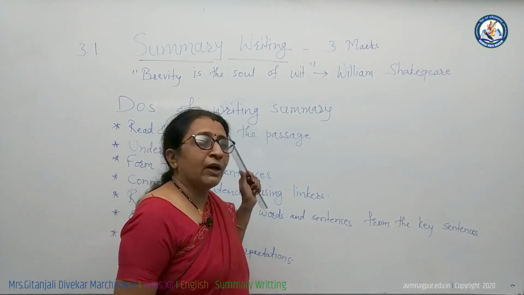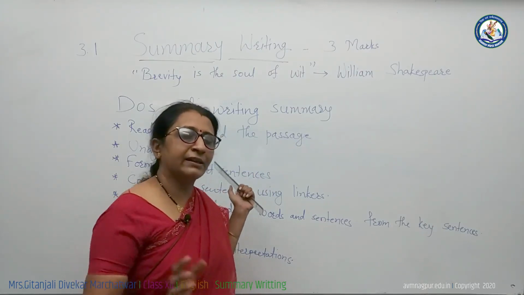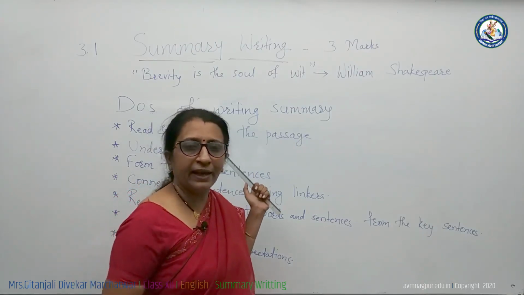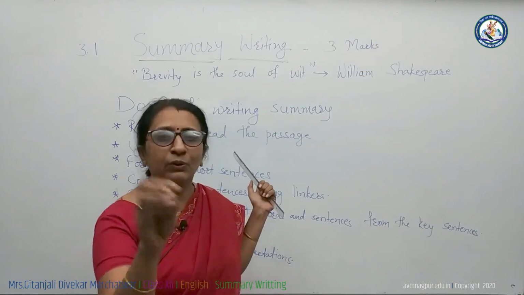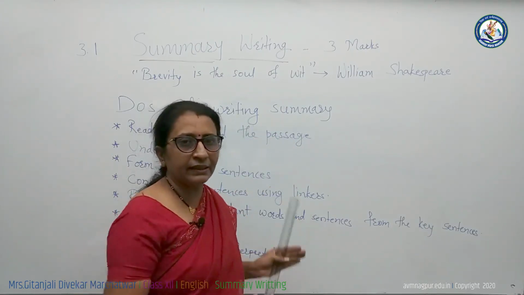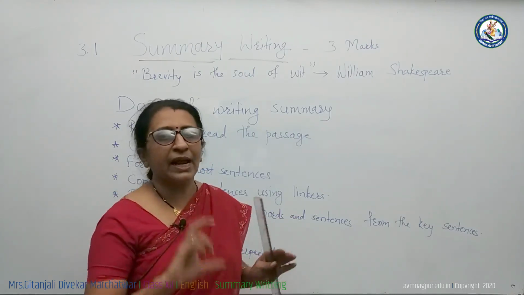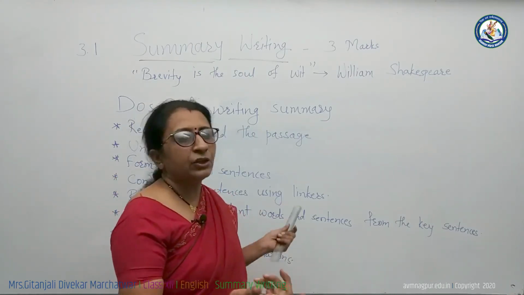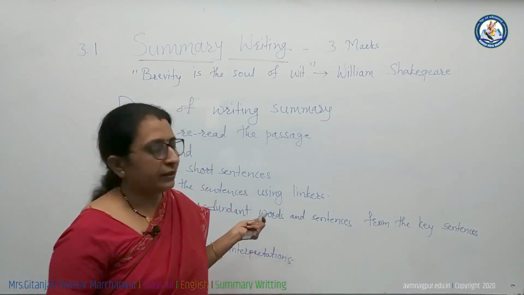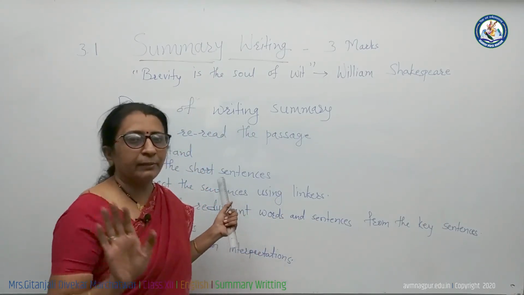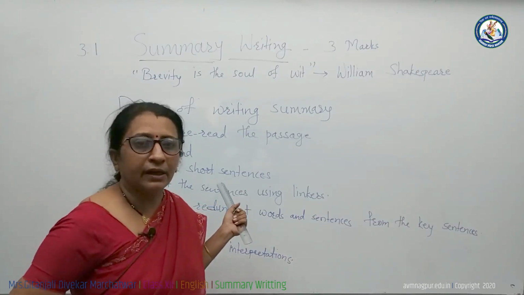Now, if you have your extra knowledge that health is very important, or I take care of my health, in this way you should not give your own interpretation. Whatever is contained in the passage, that portion should be used and simplified, and then the shortened form should be taken. So your interpretation should not be done.